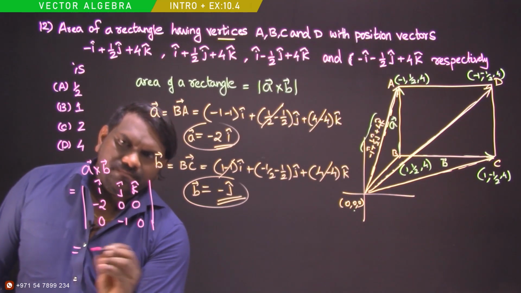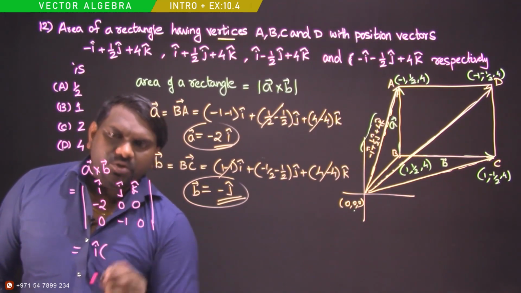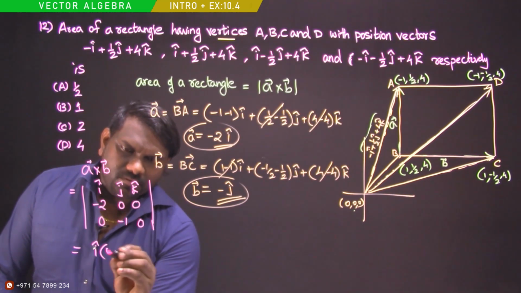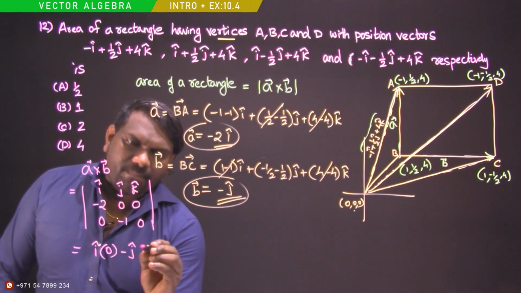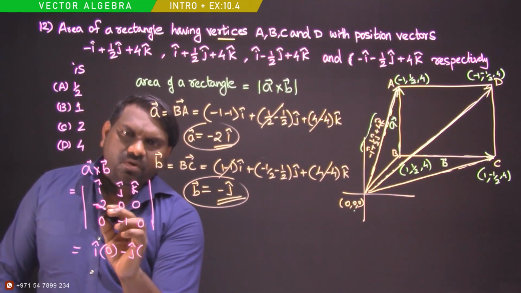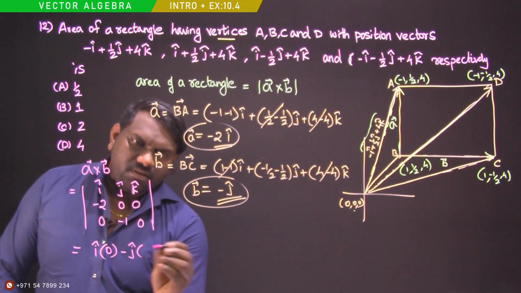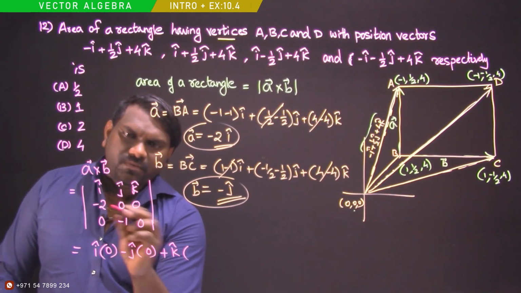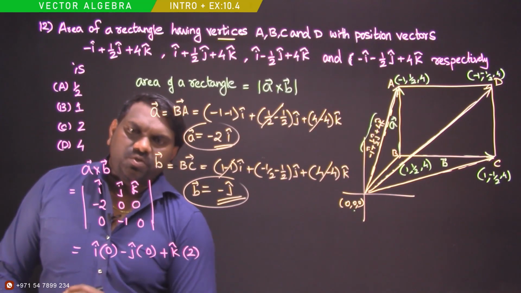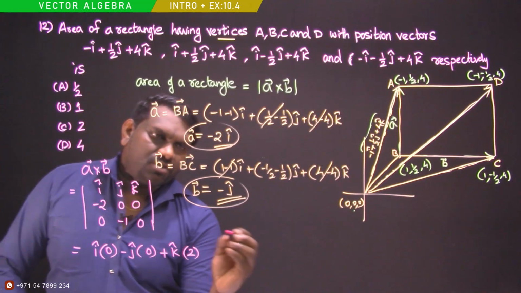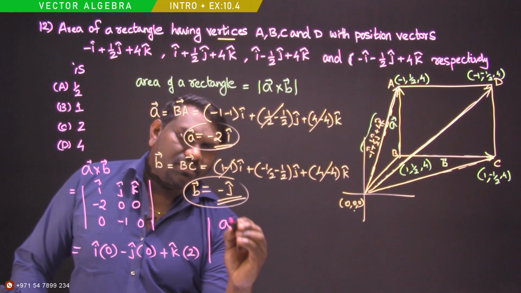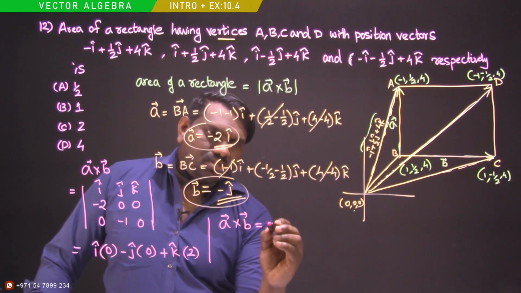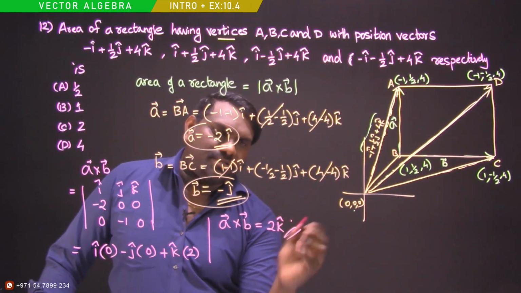That is equal to i cap into 0, minus j cap into 0, which is again 0, plus k cap into 2, then minus 0, that's it. So A cross B is just 2k cap.